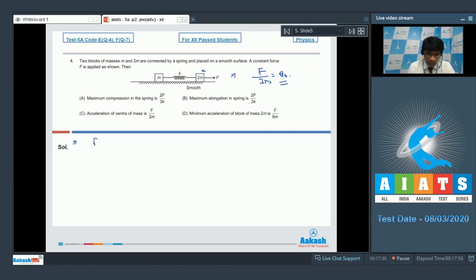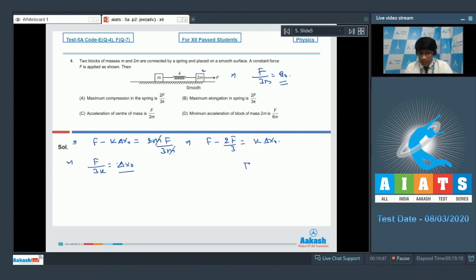That means F minus k delta x naught would be equal to 2m into a naught, that is F divided by 3m, or F minus 2F divided by 3 would be equal to k delta x naught, or F divided by 3k would be equal to delta x naught.